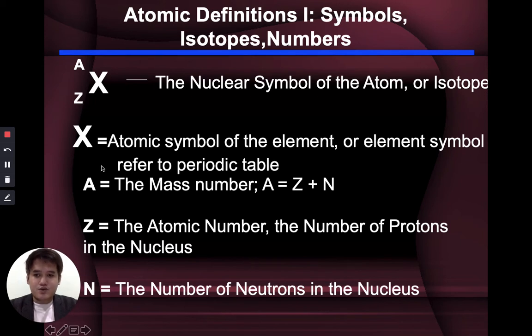Z is also called your atomic number. The atomic number gives us the number of protons for that particular element. So no two elements have the same atomic number. This atomic number is specific only for a particular element or atom. It's like an atom's ID.